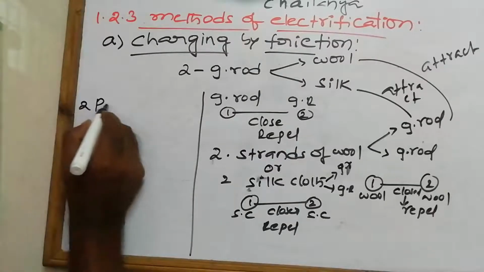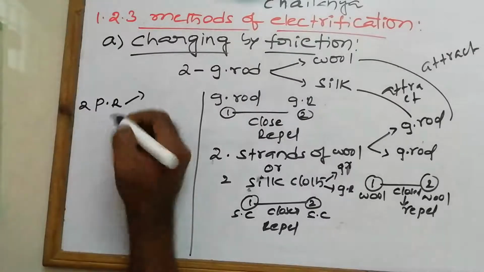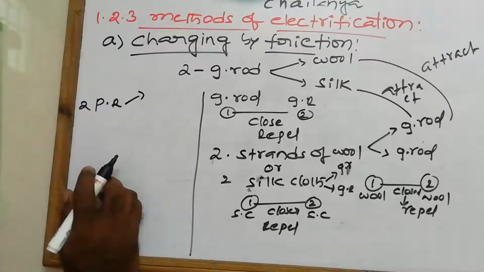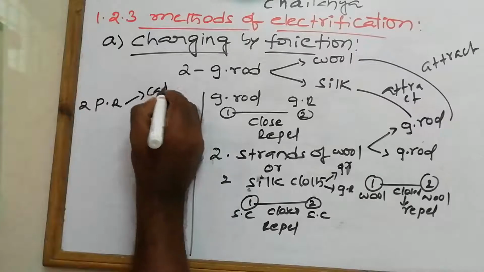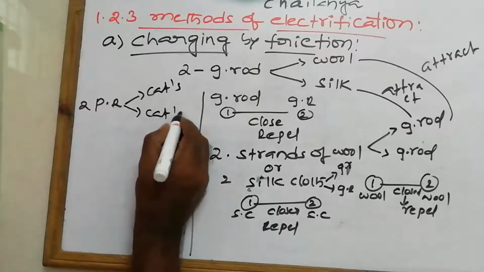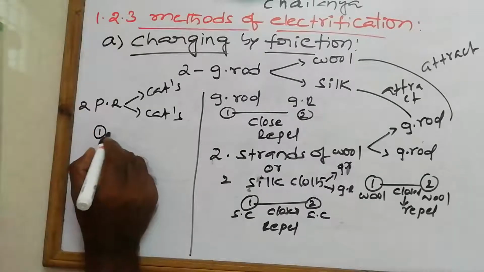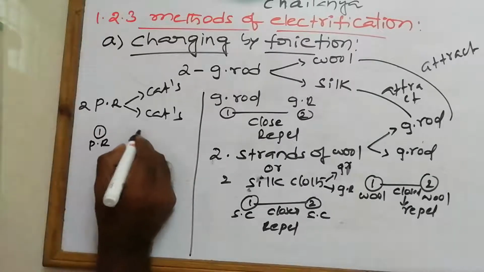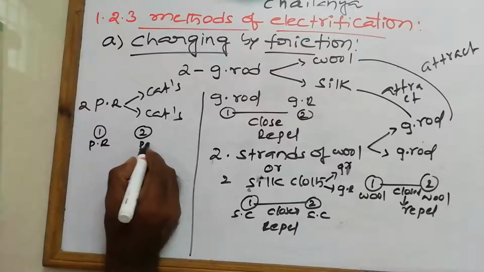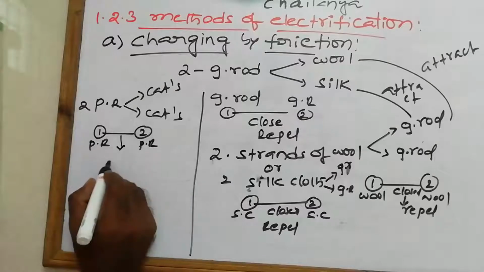Now let us consider two plastic rods. One plastic rod is rubbed with cat's fur, and another is also rubbed with cat's fur. If you arrange the two plastic rods very close to each other, what happens between them?